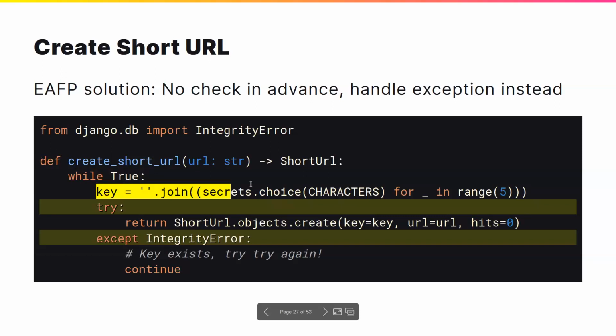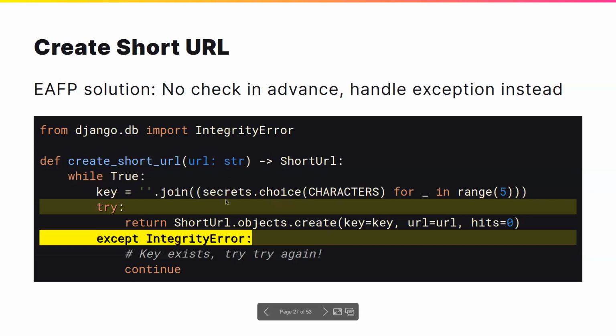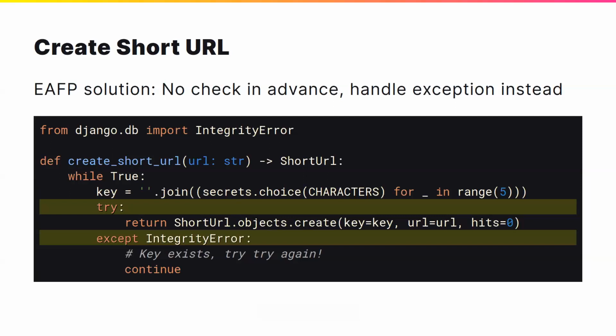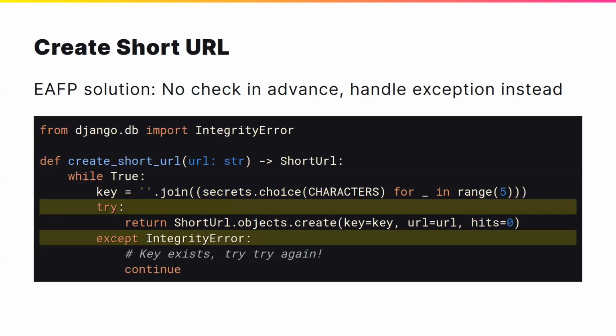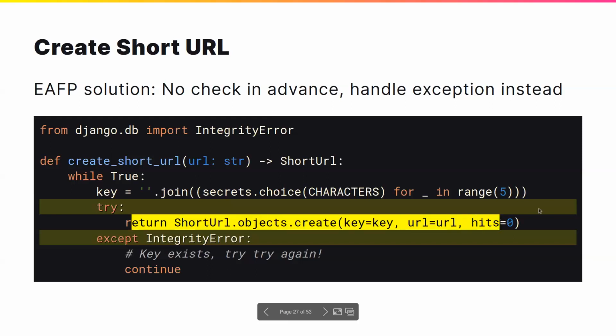So we generate another key and try again. So basically, we try different keys until we don't get an integrity error, okay? So this is a way of asking for forgiveness. Instead of checking in advance if the key exists in the database, we just handle the unique constraint violation if it happens, okay? So once the database is able to create the short URL, we can rest assured that the key is unique, okay?